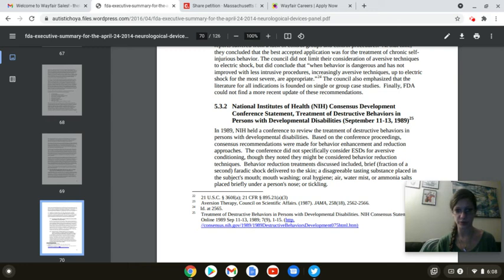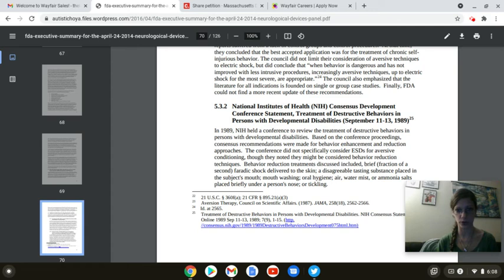behavior reduction treatments discussed included brief, fraction of second, thoracic shock delivered to the skin, a disagreeable tasting substance placed in the subject's mouth. Oh my God, the hell is wrong with you? Mouth washing, oral hygiene. Wait a minute, what? You're gonna have somebody brushing their teeth as punishment?